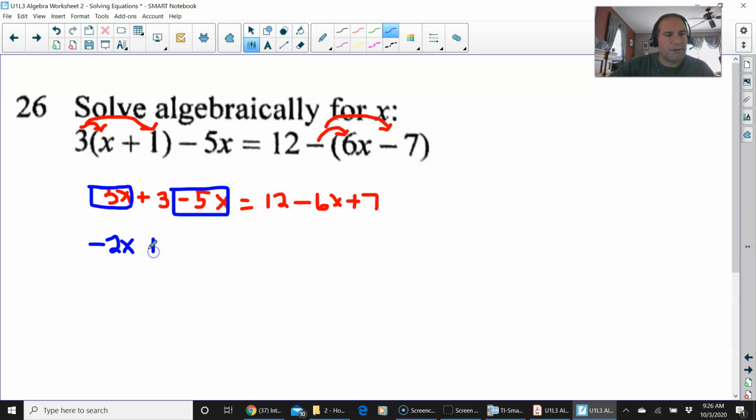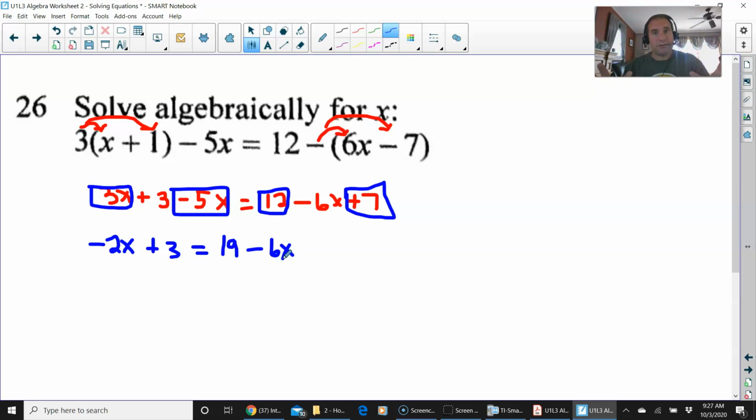They're on the same side, I could combine them. And I'm also going to combine the like terms that are over on the right side. So we have 12 plus 7, and we're combining those for 19, and we have the negative 6x just dropped down.